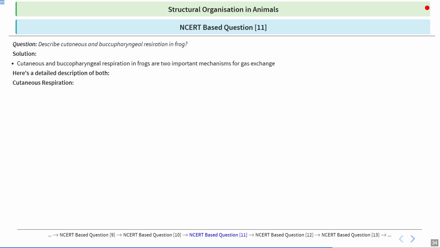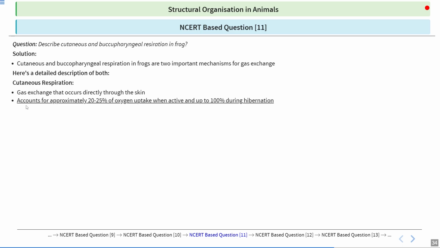Cutaneous respiration. First of all, this is the gas exchange that occurs directly through the skin. The skin is thin and always kept moist by the frog, so it helps in the process of gaseous exchange, right? It accounts for approximately 20 to 25% of oxygen uptake when active and 100% during hibernation.